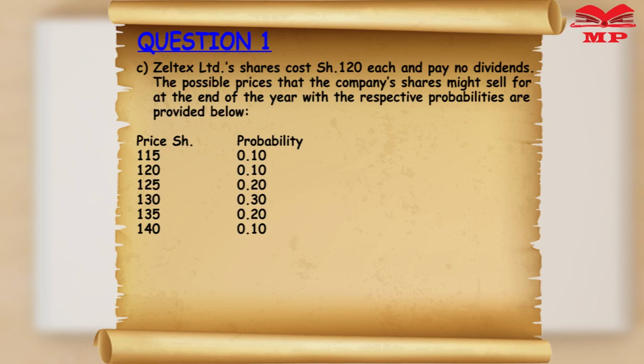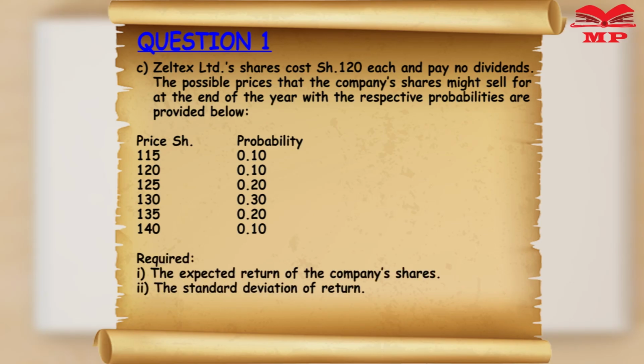The possible prices that the company's shares might sell for at the end of the year with the respective probabilities are provided below. So we have the prices and the probabilities that are provided in the two columns required. Roman 1, the expected return of the company's shares for marks.